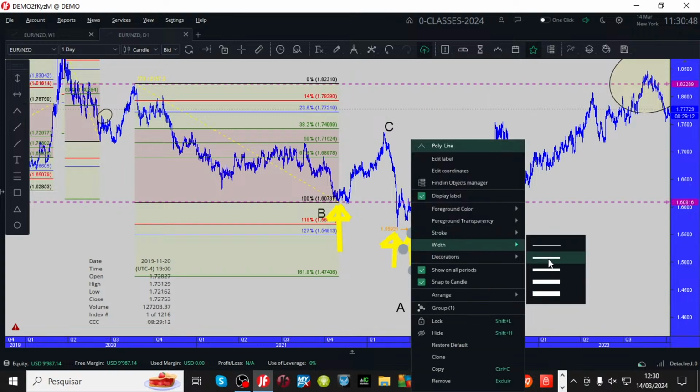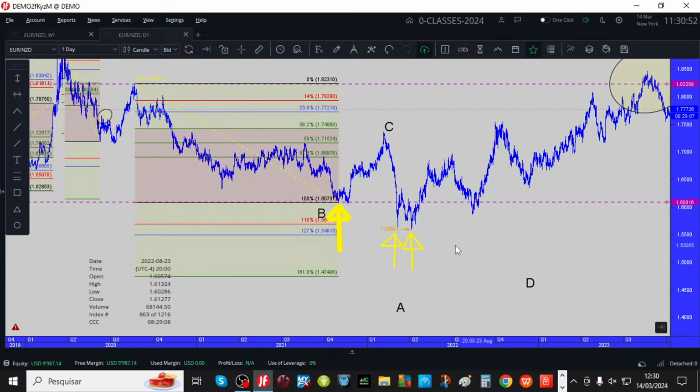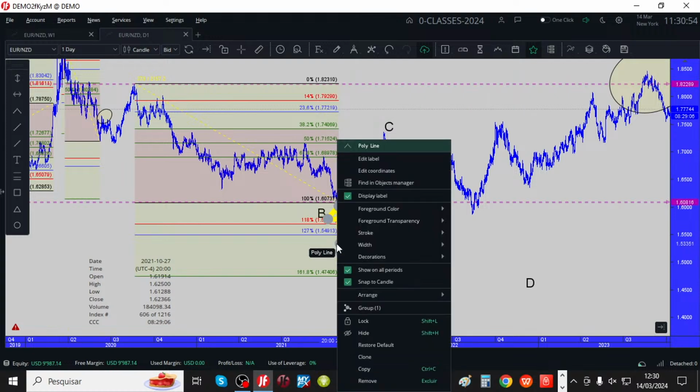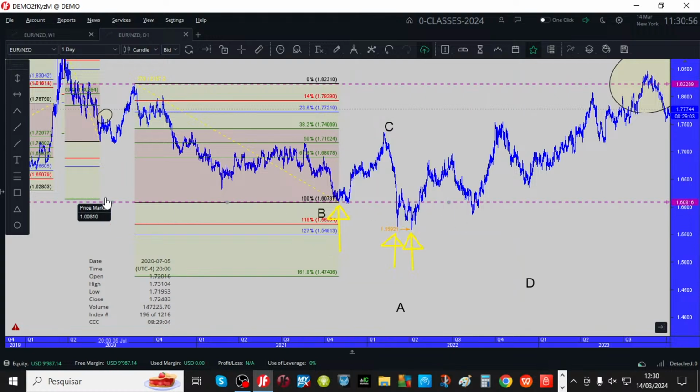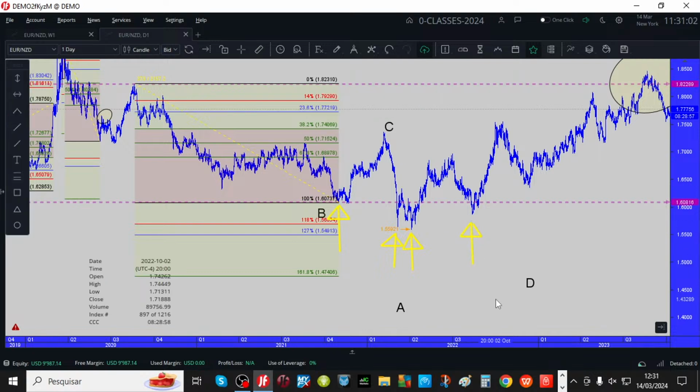I'm going to make it thicker. First arrow, second arrow, third arrow. Or should we start at the fourth arrow? Everybody, you can see that the market stopped us out on the down ABCD. Which one is the right place to start the new up Fibonacci?